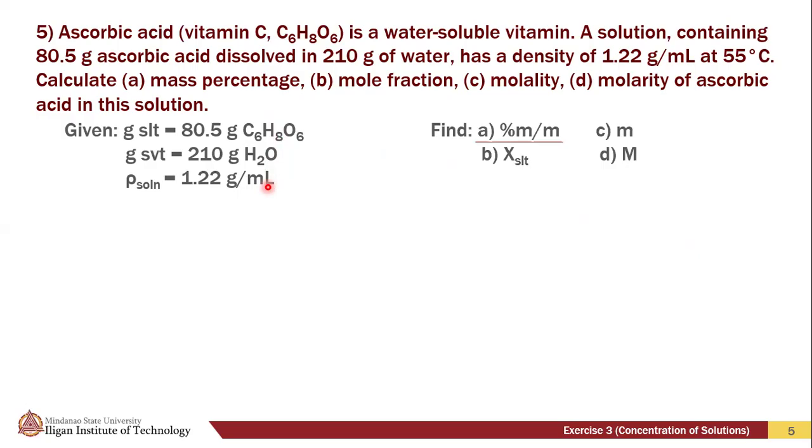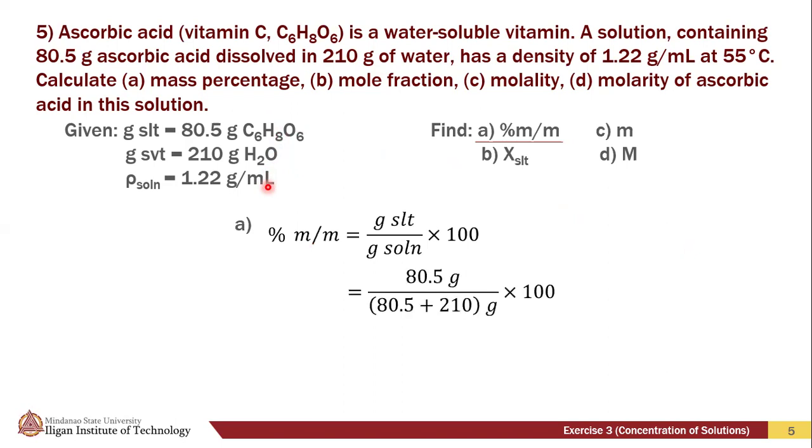So for letter A, in calculating the mass percent, you have this formula, and it's pretty straightforward because we're already given the amount of our solute and the amount of our solvent. So we just have to plug them in, 80.5 over total mass, which is 80.5 plus 210 grams. So we'll get 27.7% mass by mass of the solution.